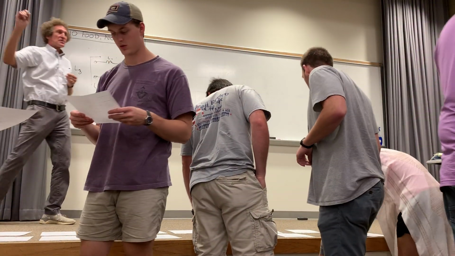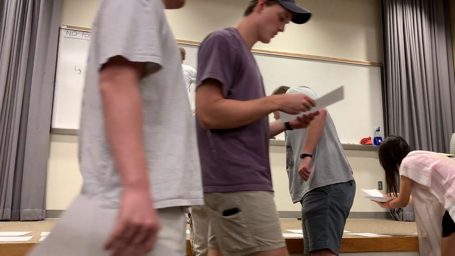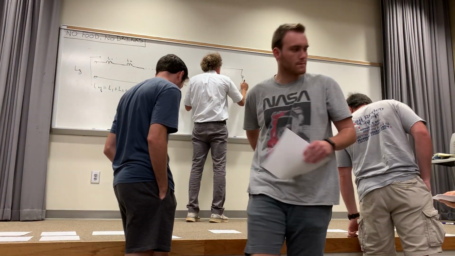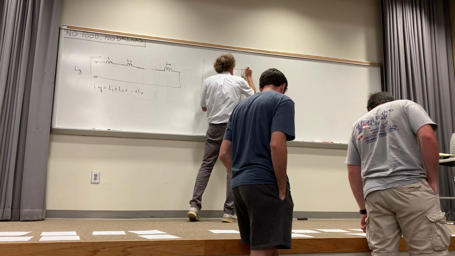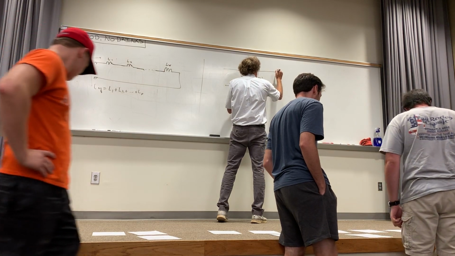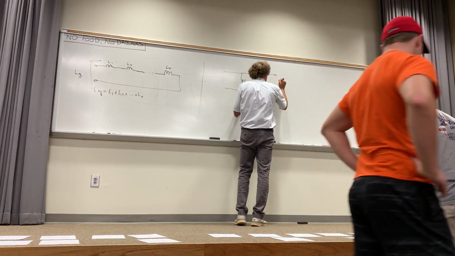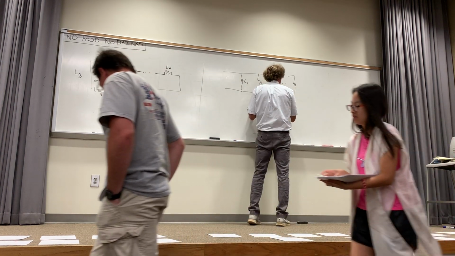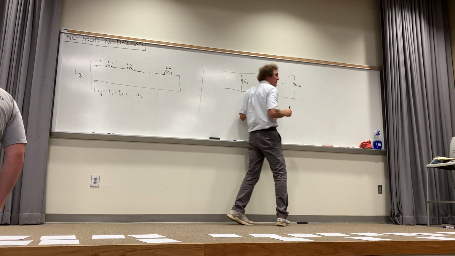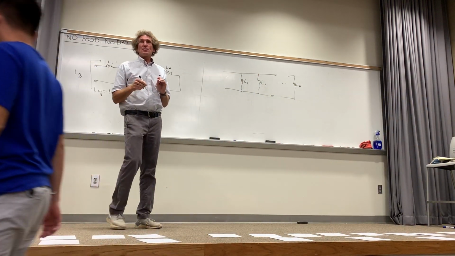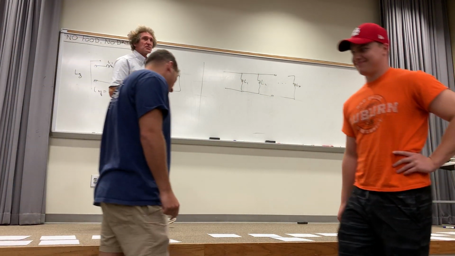Now, if inductors are in parallel, if you have L1 and L2, and then dot, dot, dot, Ln, so you're going to have n inductors in parallel, the only thing you do is treat those as resistors in parallel.